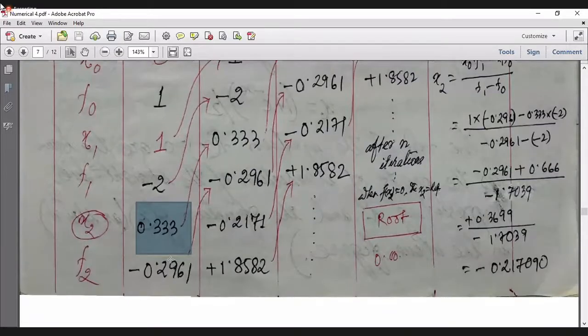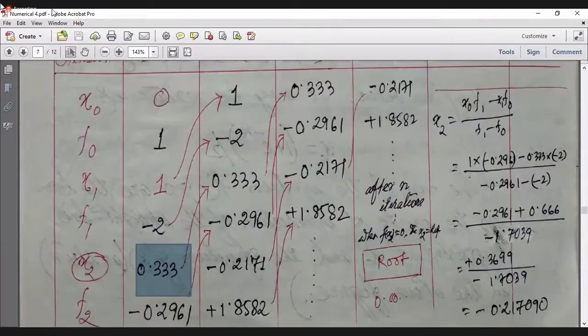Then for the next iteration, the value of x1 will be assigned to x0. For checking the sign, we simply assign directly. The value of x2 will be assigned to x1.